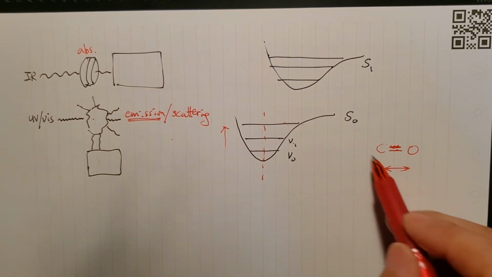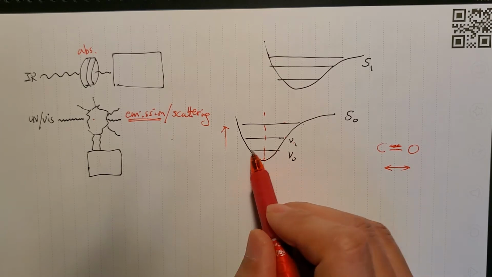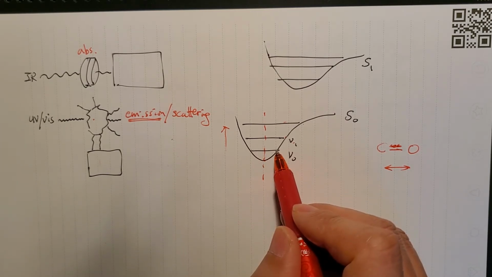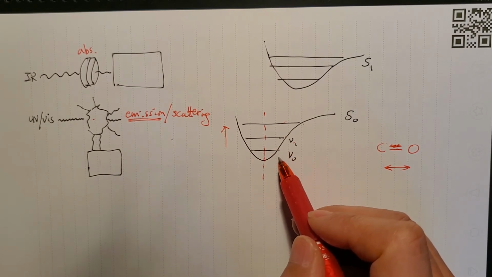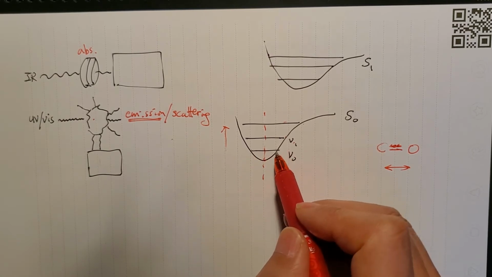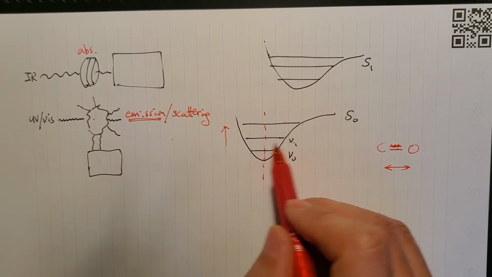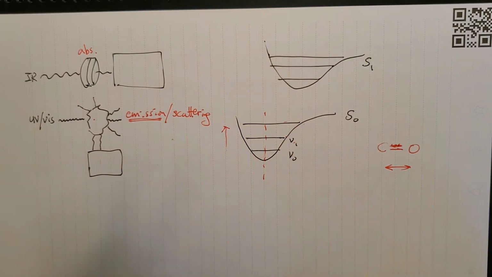However, most of the vibration will be around the ground state one. Depending on temperature, according to the Maxwell distribution, you can use the formula and calculate, but most of them are here. A small population will be in the higher vibronic modes, and even less will be there, and so on.